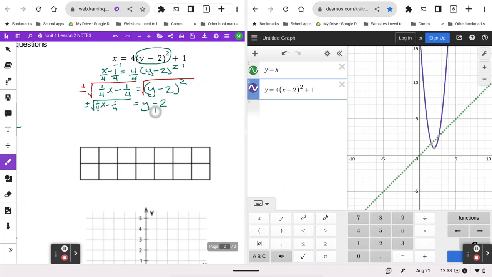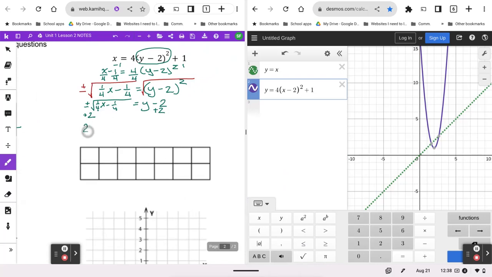And now we need to get the Y by itself, so we're going to add the 2. Now the 2 doesn't have a square root like the square root of the 1/4 X minus 1/4. Square roots are very, very picky. They only want to be added to something that also has a square root. So what we're going to do is just put the 2 in front.